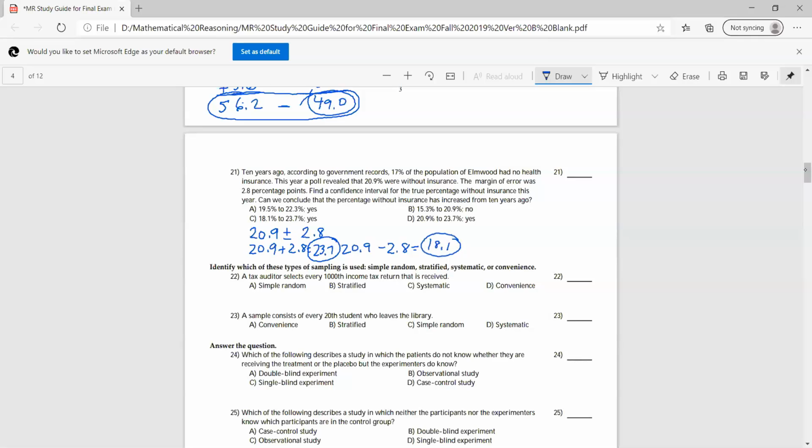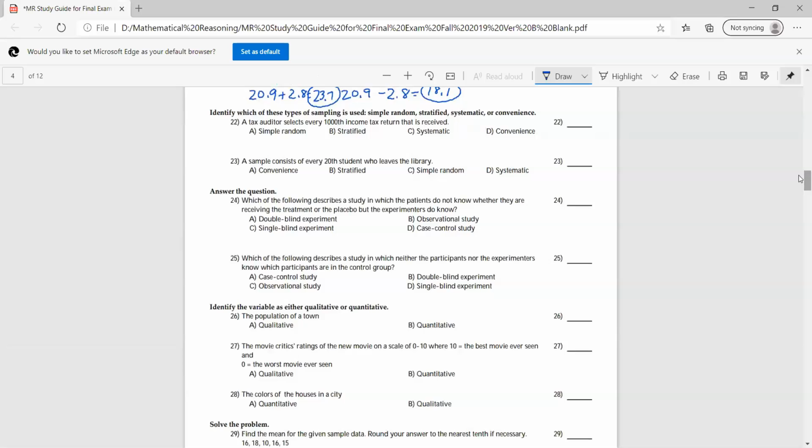So our range is 18.1 to 23.7. The right answer is C. Both of those numbers are higher than the 17% that we had with no health insurance. So number 22 says, a tax auditor selects every 1,000th income tax return that is received.